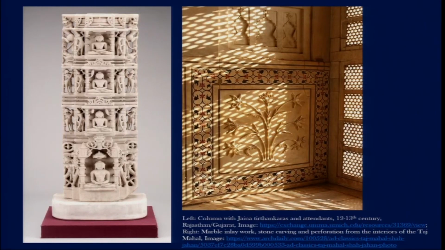And then also there is a tremendous amount of perforated work, in which the stone has been carved to the extent that one can see the other side through the carvings of the stone.